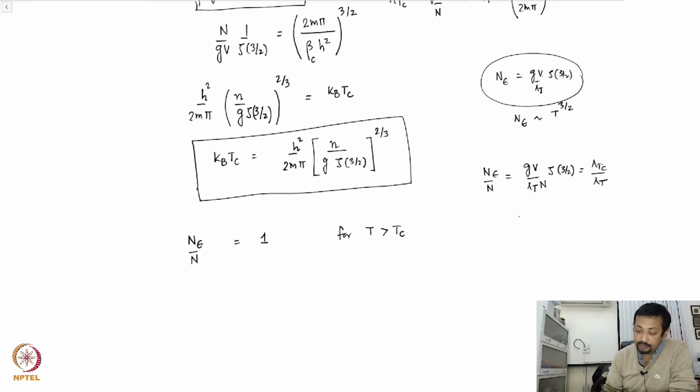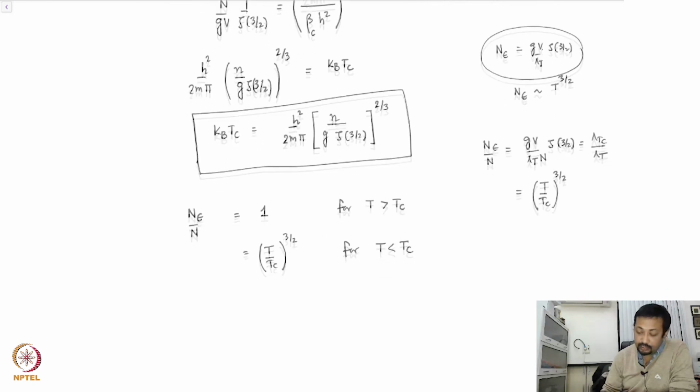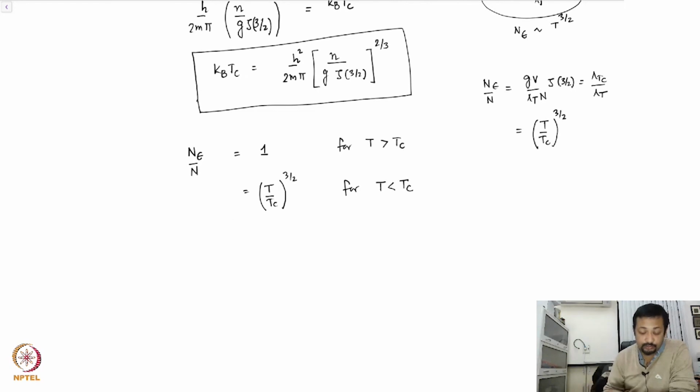So this is therefore T over Tc raised to the power 3/2 for T less than Tc. So as you start hitting the critical temperature, you start to get this.